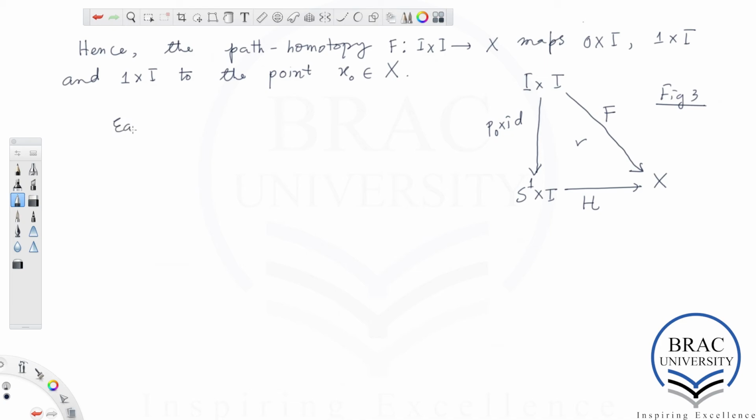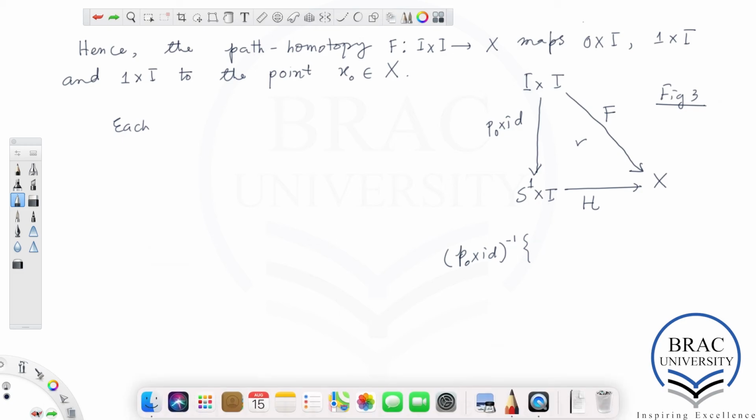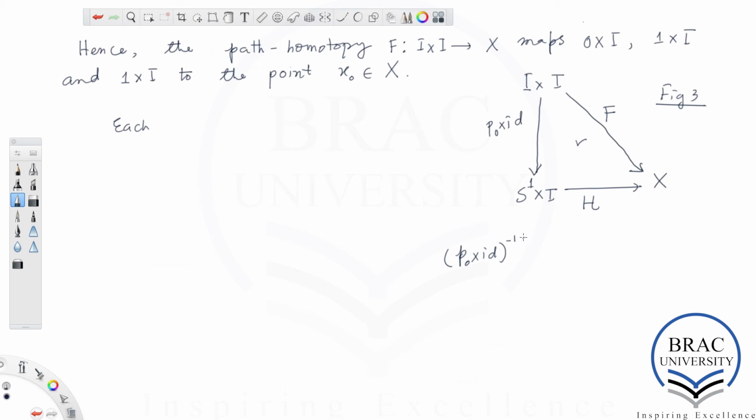Okay, so in order to enable us to apply theorem 3, we need to ensure that F is constant on each of these sets. So we need to show that F is constant in each of these sets.